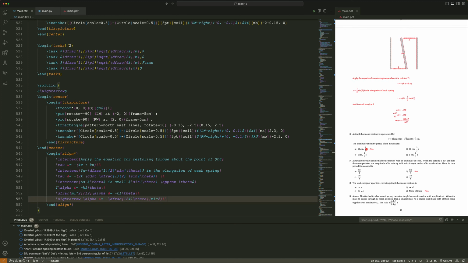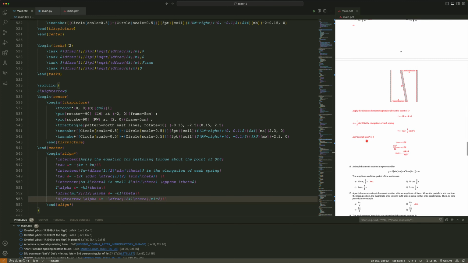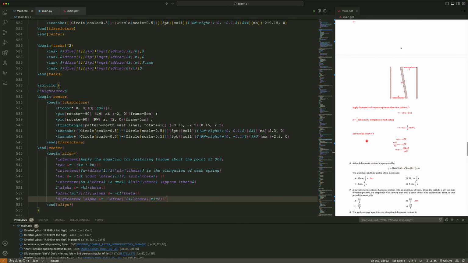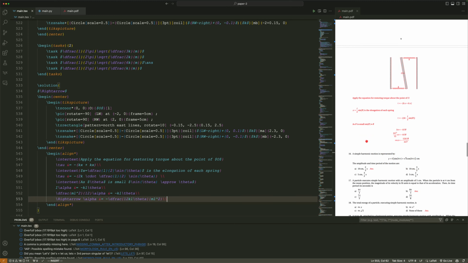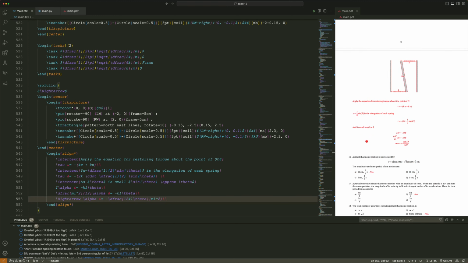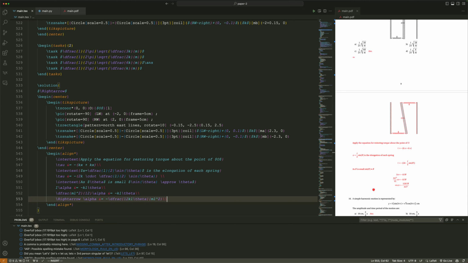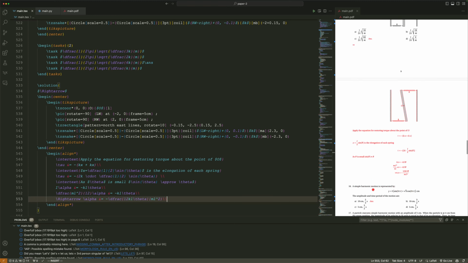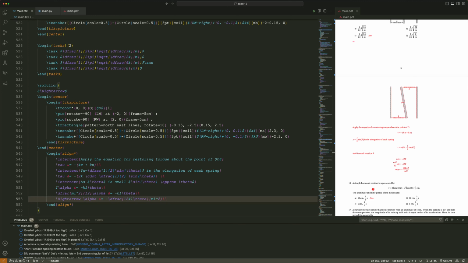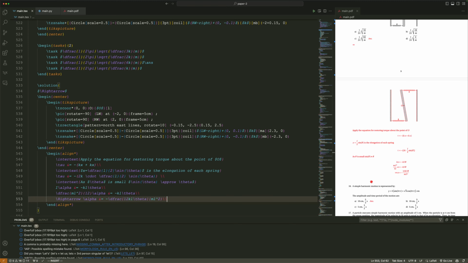Alpha is, I don't know why, alpha is 12. Here L will get cancelled out, then omega square times theta, then 2 pi upon omega will do the job.